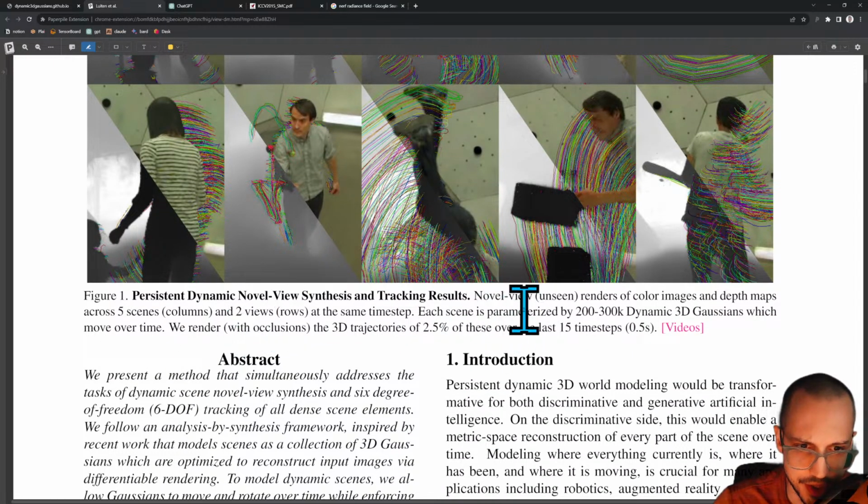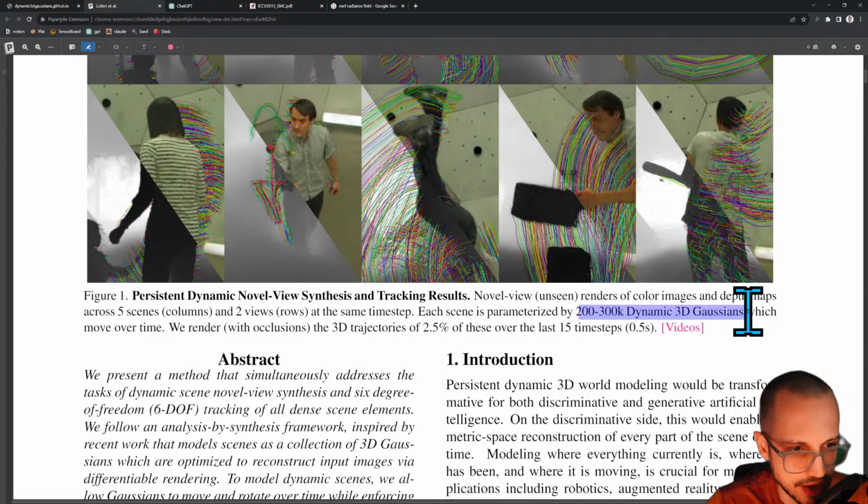Each scene is parameterized by 200 to 300,000 dynamic 3D Gaussians. And this is what we saw in the first paper, that the actual number of these Gaussians is a little bit intense, right? I forget what was in the paper, I think they had like 1 million, but it's a lot.